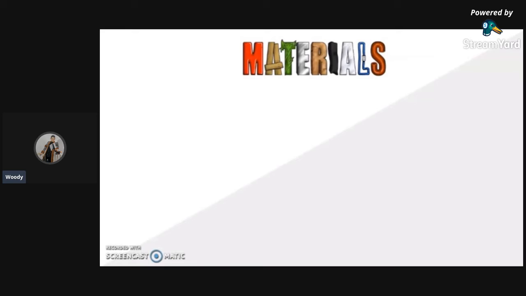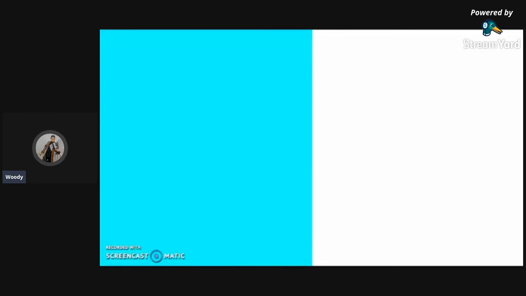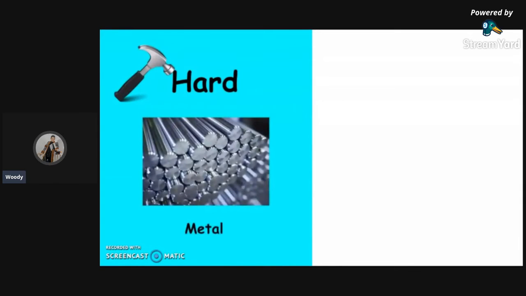When we talk about materials, we have some opposite words that we can use to describe them, like these. Let's look at them a little closer. Materials can be hard, like this hammer. It is made of metal, and metal is hard.